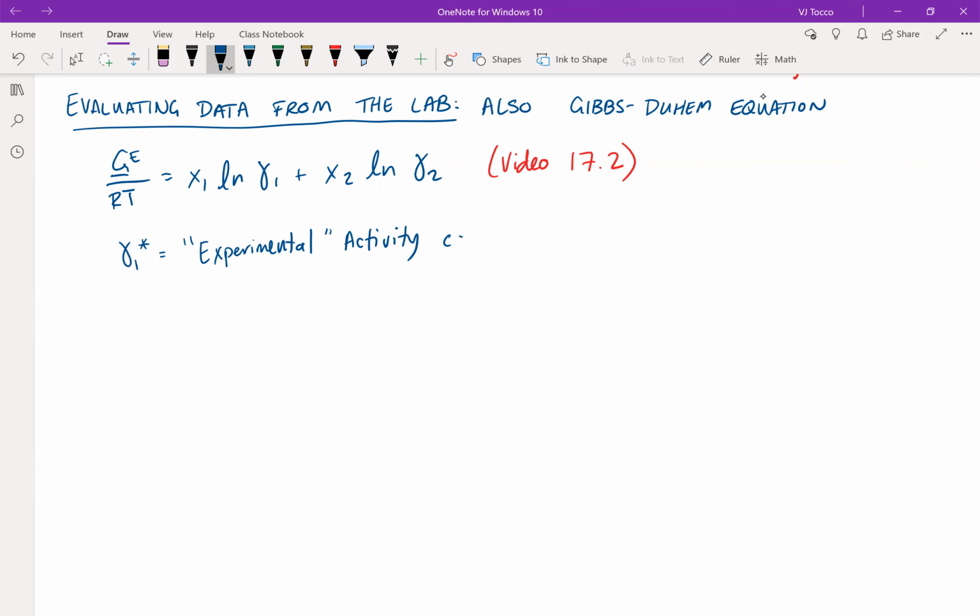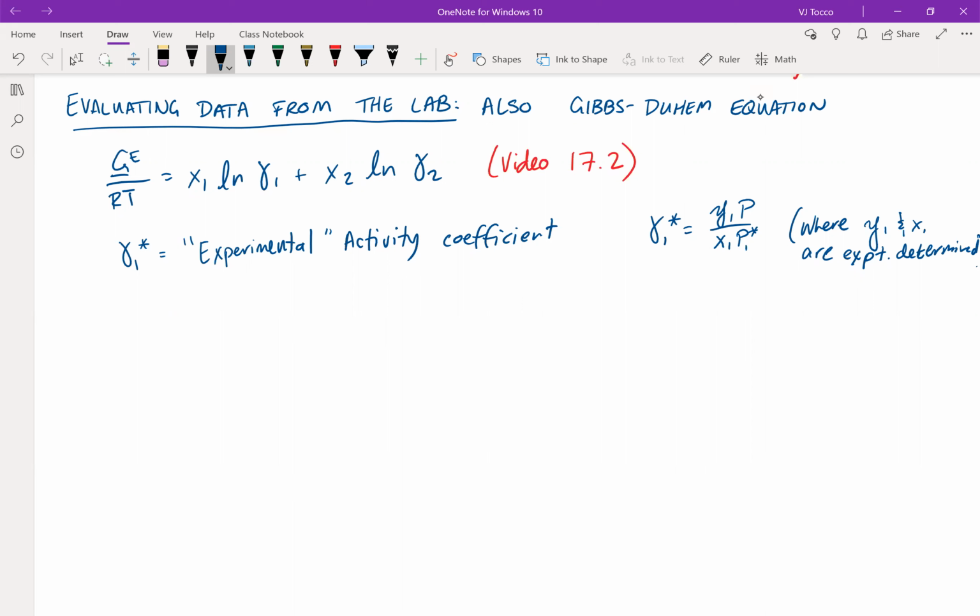This is what you get when you use Raoult's law. So gamma 1 star, for instance, would be y1 P divided by x1 P star of 1, where y1 and x1 come from experiment. Then furthermore, you can use those experimental activity coefficients to obtain the experimental excess molar Gibbs free energy.